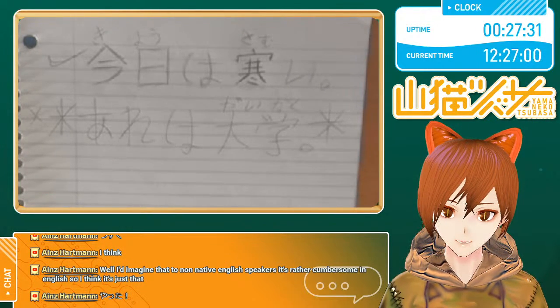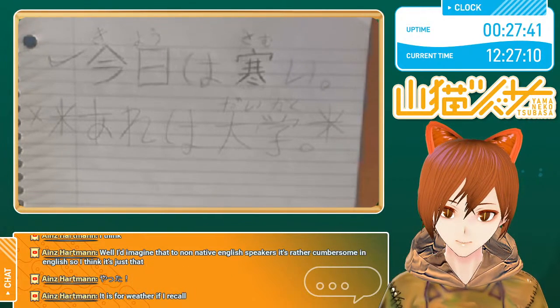I'll consult a different website that I actually consult quite a bit. Yeah, samui is for cold weather. When you're talking about something that's cold and it's not for weather, I believe that's furi.